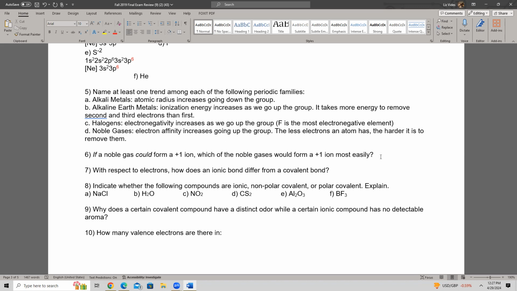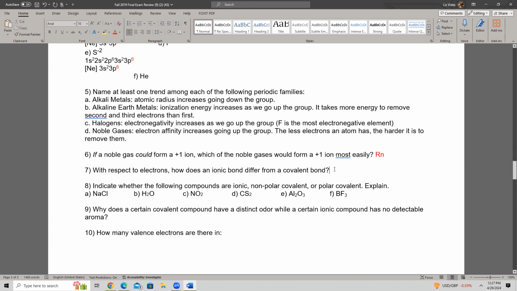Based on my answer to part D, that has to be radon, right? Radon it is because it has the most electrons of all. And we said that the less electrons an atom has, the harder it is to remove them. Well, this one has a ton, so it must be easier.